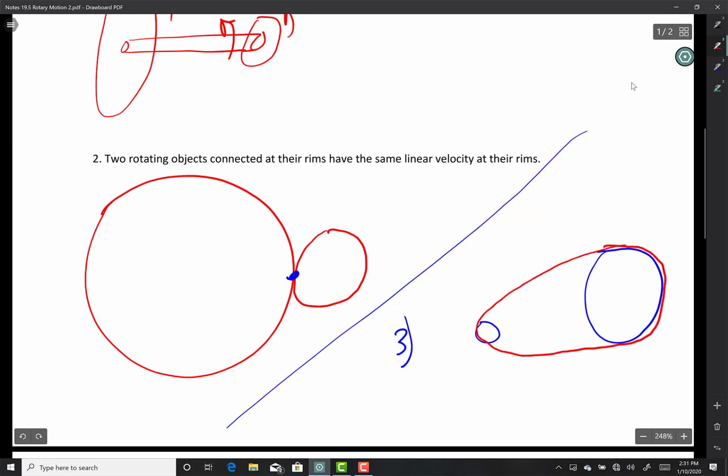All right, anyways. In this case, look at this belt. If this little guy drives that belt, that means that both of these have the same what? Perfect. Linear velocity, but the angular velocity is different.